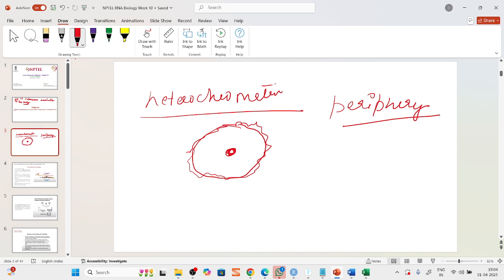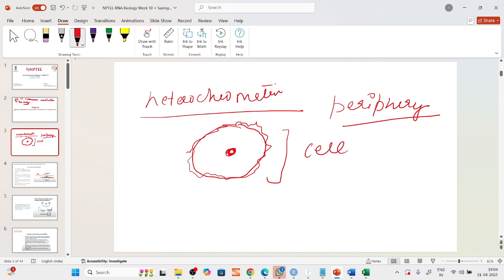So not only in the condensation levels, but also the spatial arrangement of the gene differs, that defines whether the gene is active or inactive. Active genes are present in the center of the nucleus. Inactive genes are present on the periphery of the nucleus. And this spatial organization is cell and developmental stage specific.